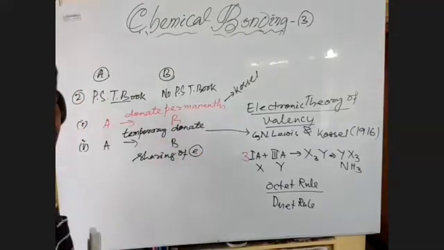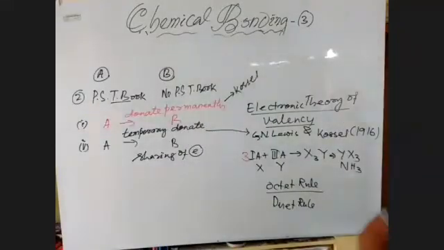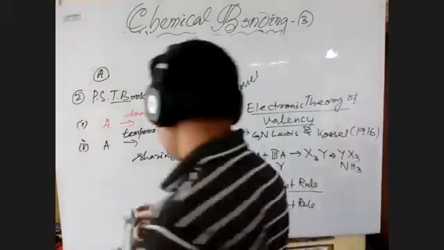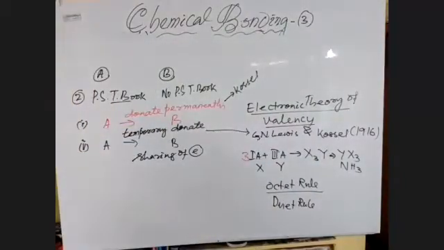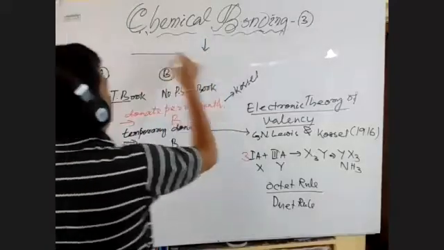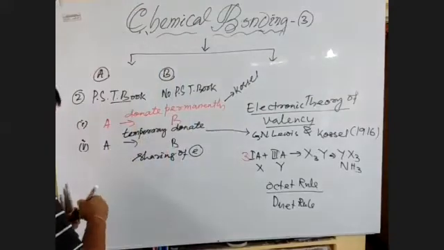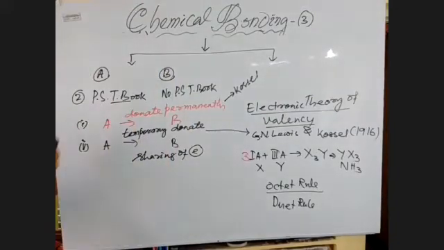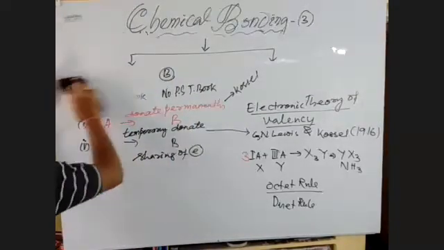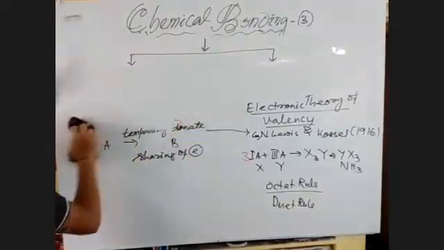From this, we have two types of bonds. Chemical bonding is mainly of two types. One is called the ionic bond, and the second is called the covalent bond.